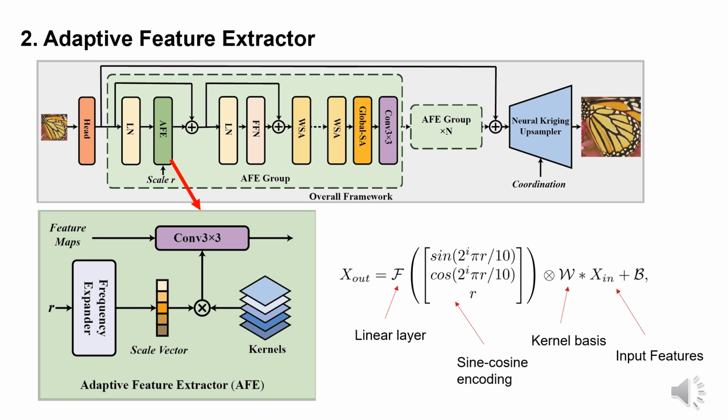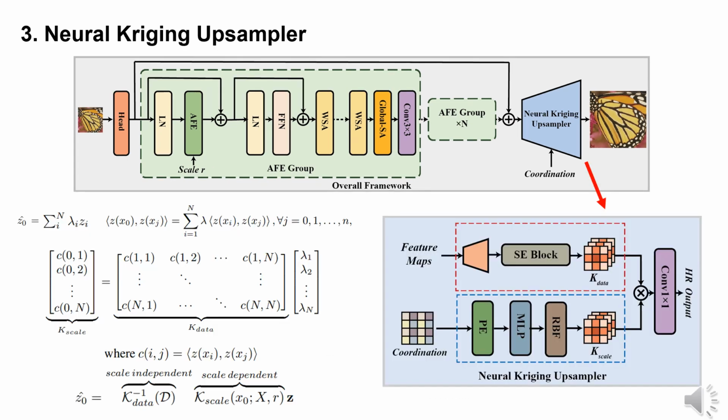Then this scale vector is modulated with the kernel basis convolution layer, forming a scale-interpolated adaptive convolutional kernel for feature encoding. By applying the adaptive feature extractor to each transformer group of the backbone network, the scale information permeates the entire feature extraction process.